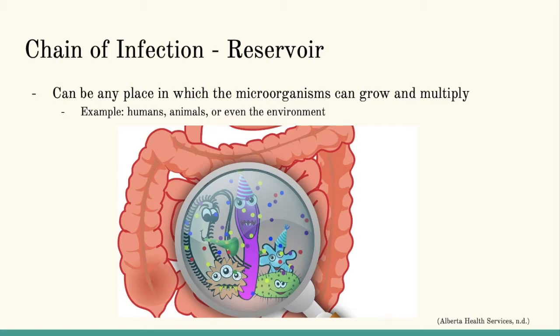I think I read somewhere that on our unit there was an issue with sink drains a couple of years ago, with biofilm growing in sink drains. That's a good example of an area where microorganisms can grow and multiply and can cause a risk of transmitting to a patient or staff.